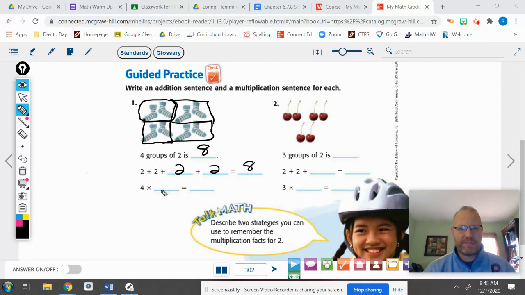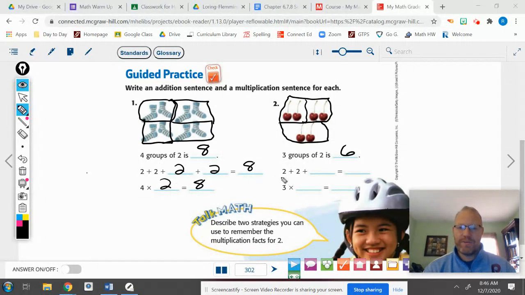So what would our multiplication sentence look like? We have our repeated addition, and now we have our multiplication sentence. What's it look like? 4 times 2 equals 8. Great. So now we have 3 groups of 2. 3 groups of 2 is 6.